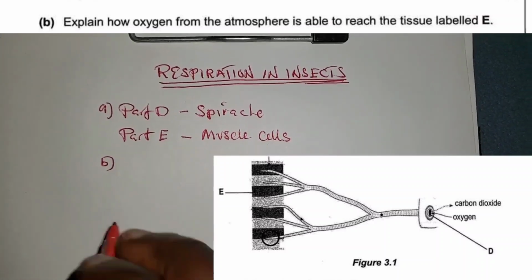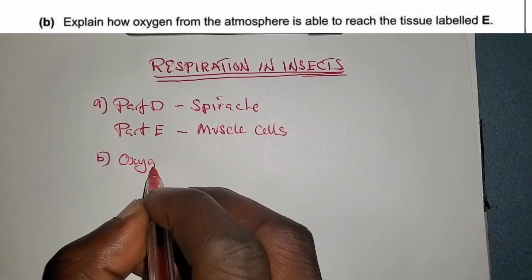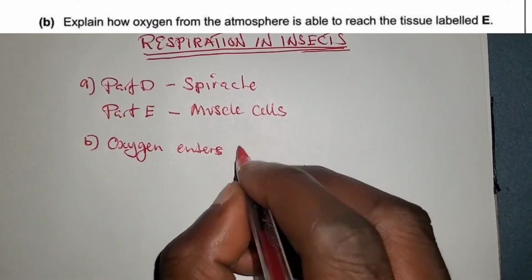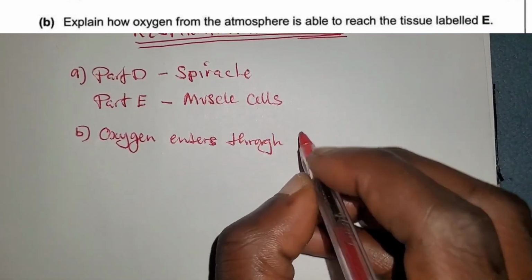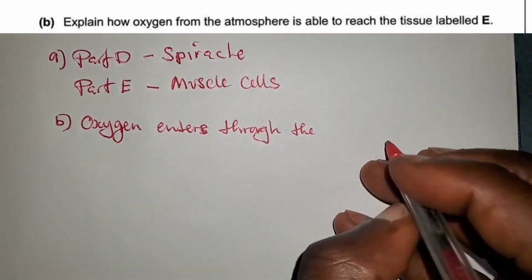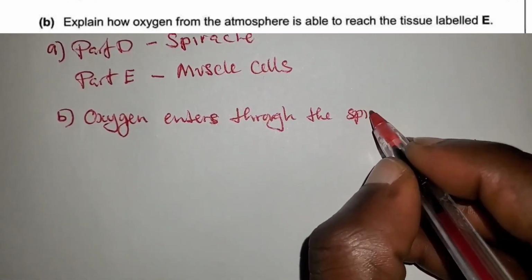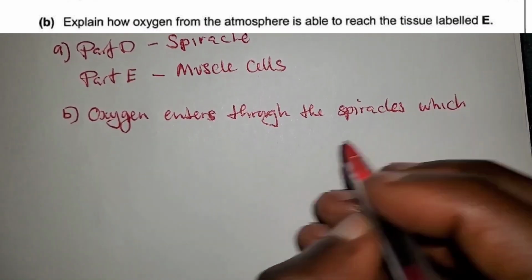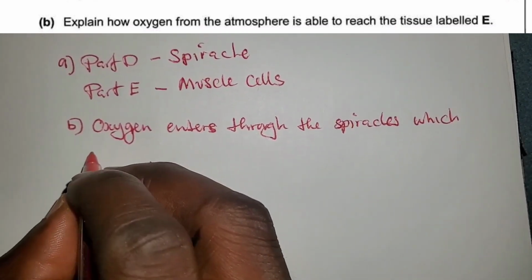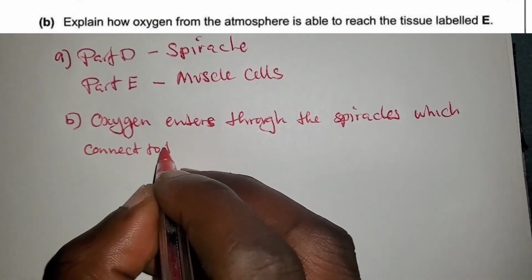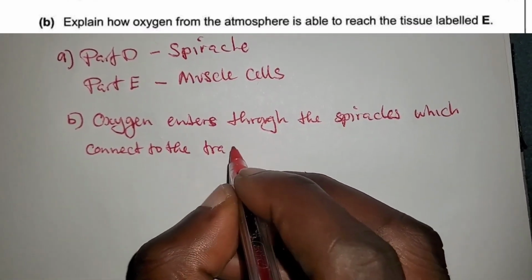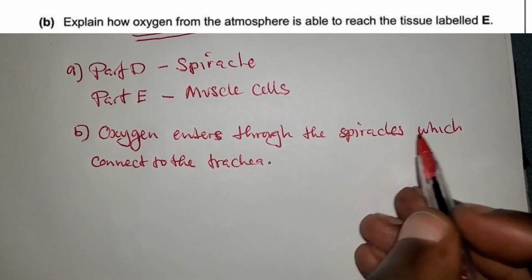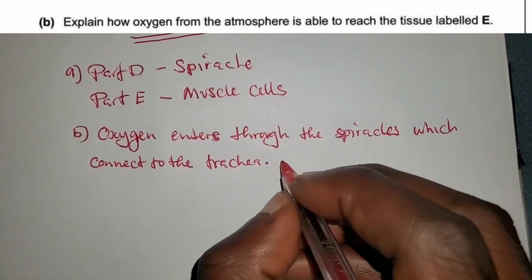So oxygen enters through the spiracles, which connect to the trachea.